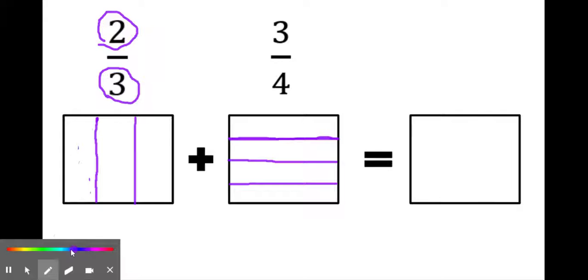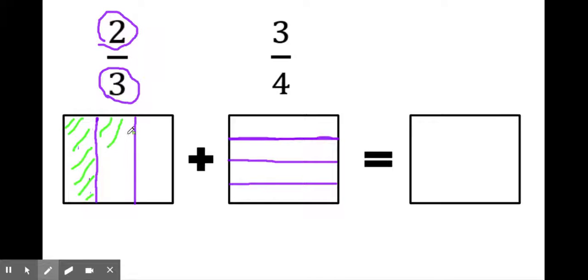We're going to choose a different color and shade in our rectangle or area model to represent our numerator. Here we have 2/3, so we need to shade in 2 pieces. With this fraction, we need to shade in 3 pieces because that's the amount being considered in our numerator.